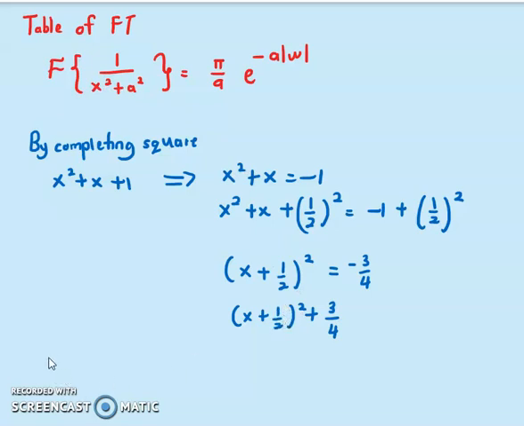Okay, so the next step we want to do is find the Fourier transform of 1 over x squared plus a squared. This is my x, the whole thing, and this is my a squared. Okay, so if a squared is 3 over 4, my a is plus or minus square root 3 over 2.